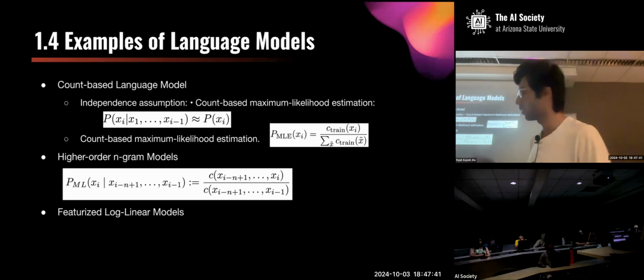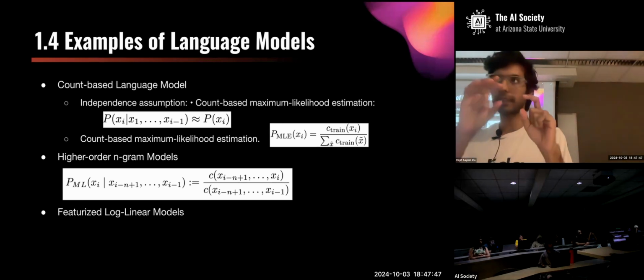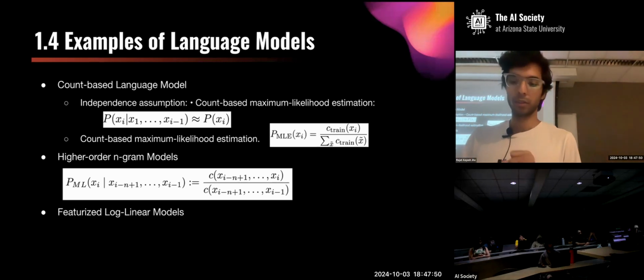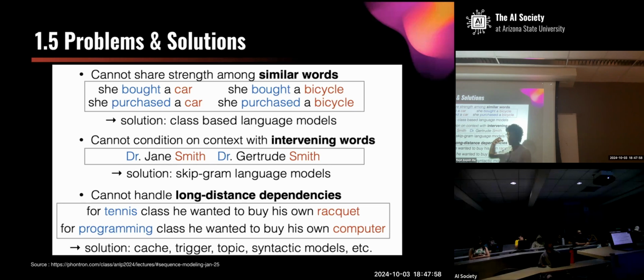As we see, one of the main problems in all these language models is that they are not treating words as a sequence. We'll see more problems. As I said, bought and purchased: the model doesn't know that these words have the same meaning. So in count-based language models, we can't capture this.